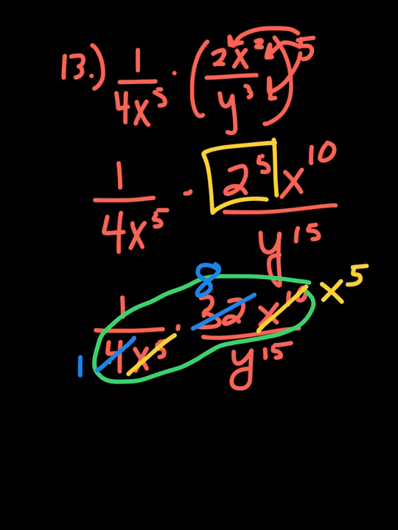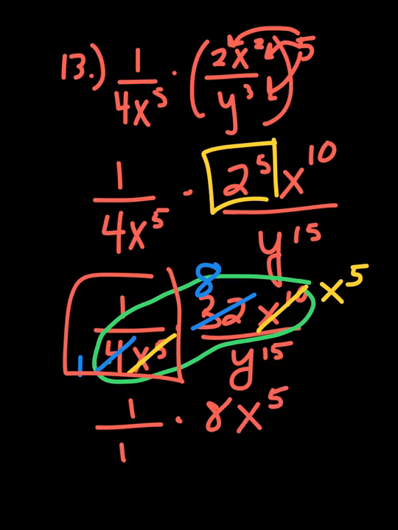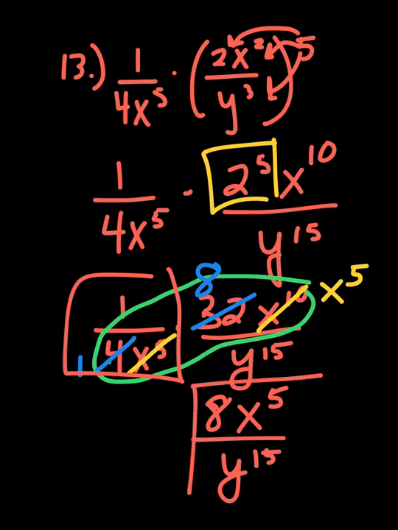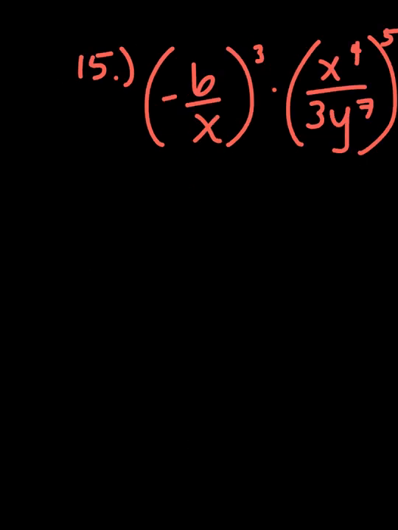So what I really have is 1 over 1 times 8x to the 5th over y to the 15th. If I multiply this fraction by 1 over 1, it'll essentially give me a final answer of 8x to the 5th over y to the 15th.